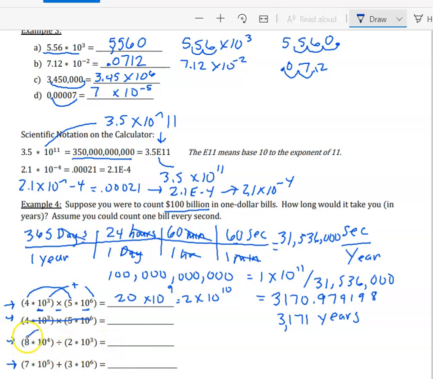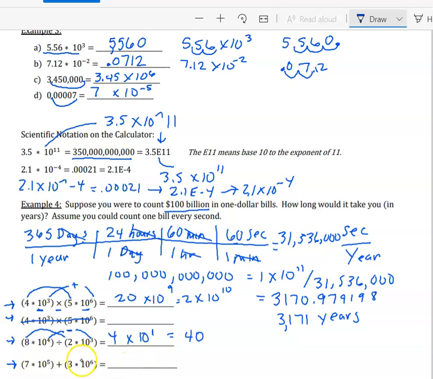So 8 divided by 2 would give us 4, and then we would have times 10, and since it's division, instead of adding, we would subtract the exponents, so we would get 4 minus 3, which is to the 1st power. This is in scientific notation because this is at least 1, but smaller than 10. So your calculator would probably spit out 40 though, because that would definitely fit on the screen.